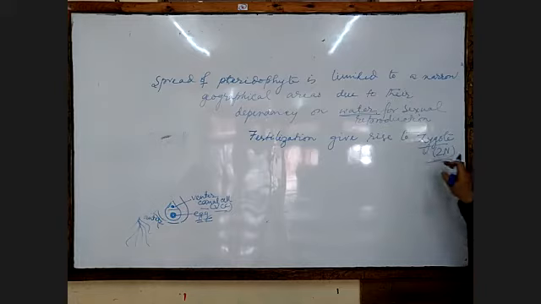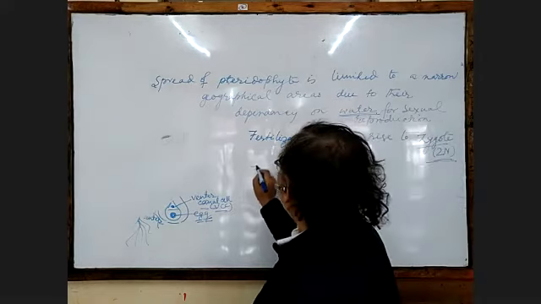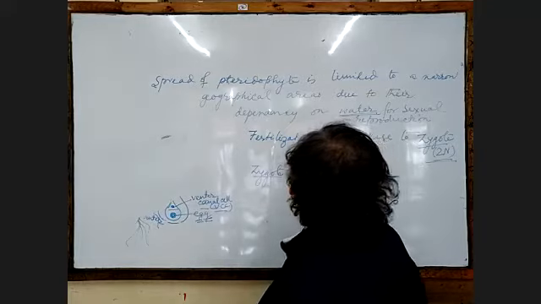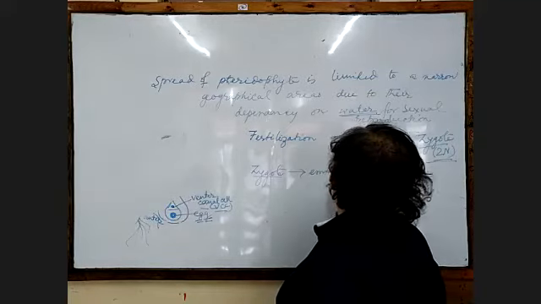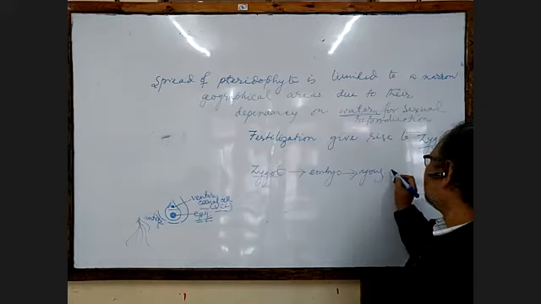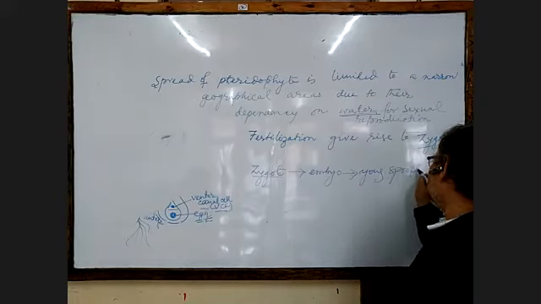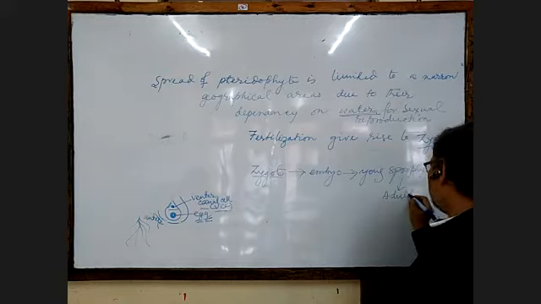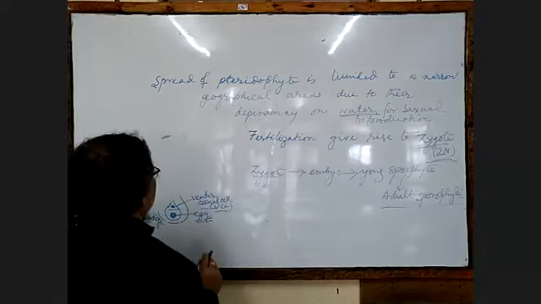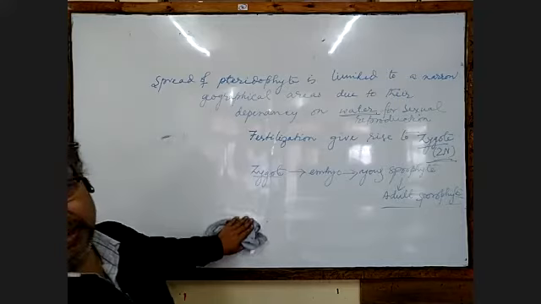So a sporophytic generation starts. This zygote divides by mitosis. Zygote gives rise to embryo, embryo to young sporophyte, to adult sporophyte. Okay, so this is what happens in their life cycle.